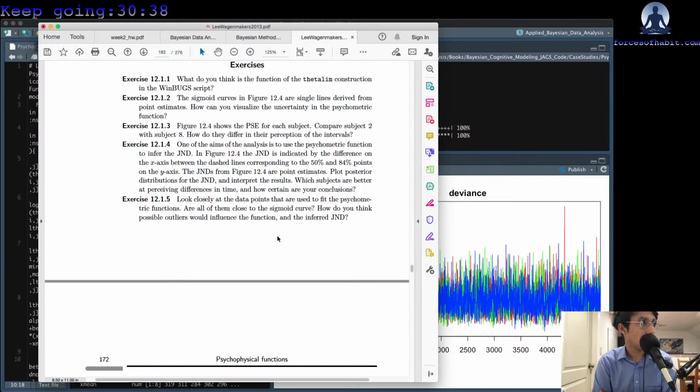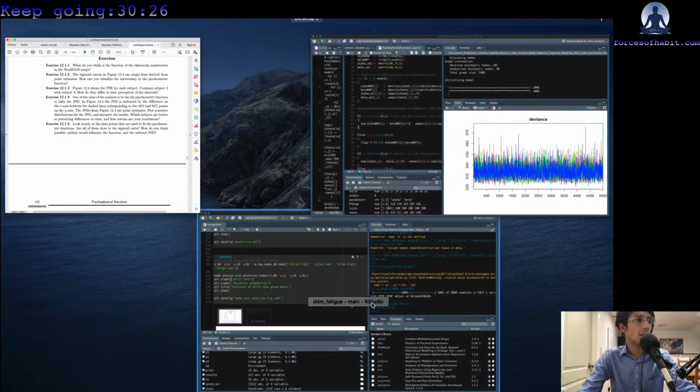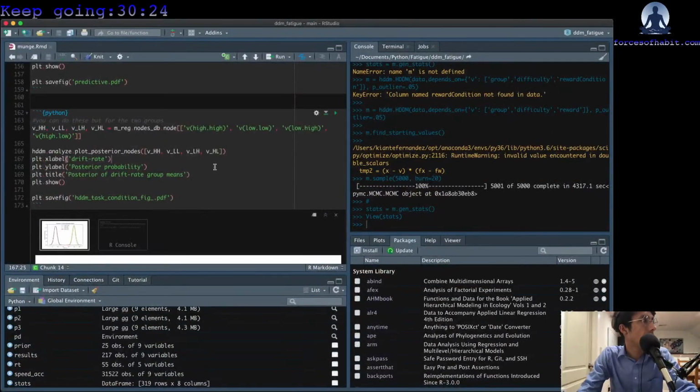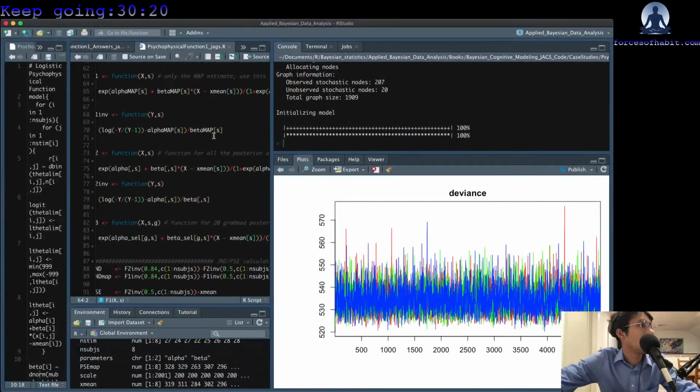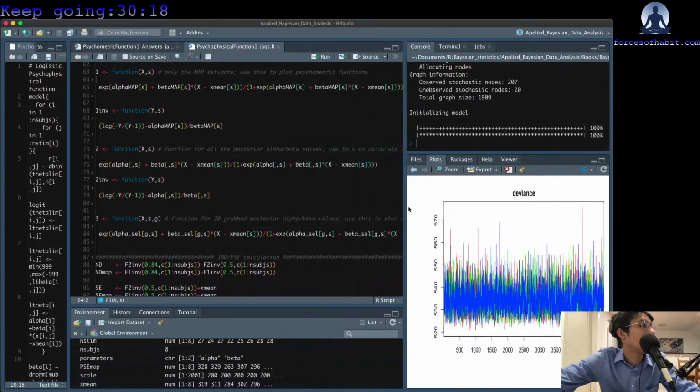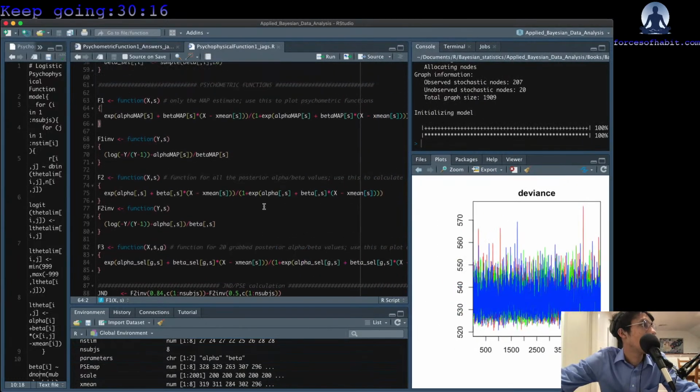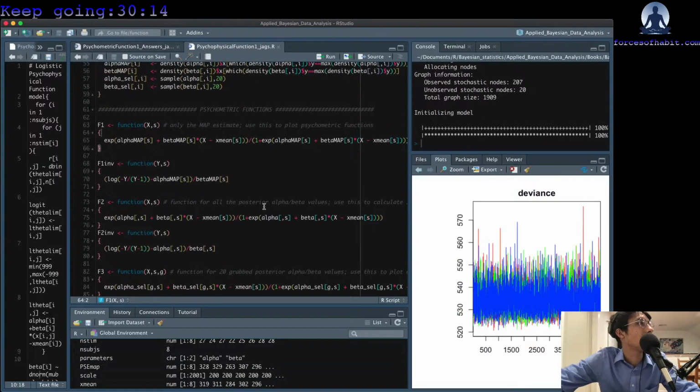Plot posterior distributions for just noticeable differences and interpret the results. Which subjects are better at perceiving differences in time? So, like we saw, how do we estimate the just noticeable differences though? Here we built functions to do that, or functions were built for us to do that.